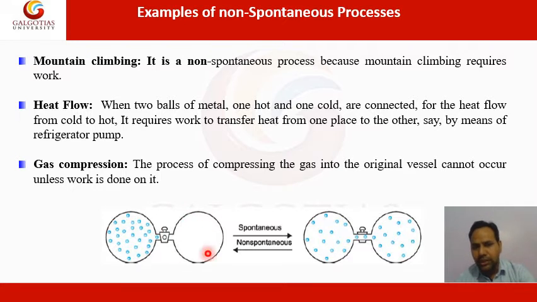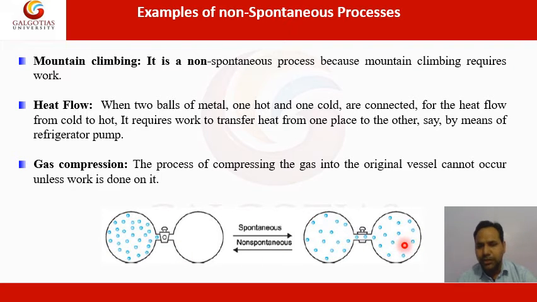Here we are showing the gas molecules in one bulb and the other bulb empty. This process is spontaneous. Suppose we remove this wall that holds the gas in this container. The gas automatically fills the other bulb, so the gas in both bulbs is equal.